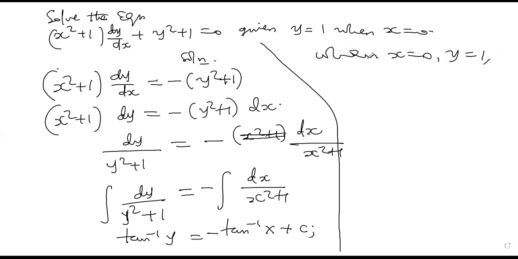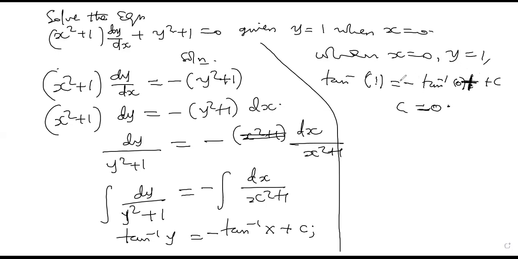So this is going to be tan inverse of 1 is equal to negative tan inverse of 0 plus c. So this one gives us our c as 0.